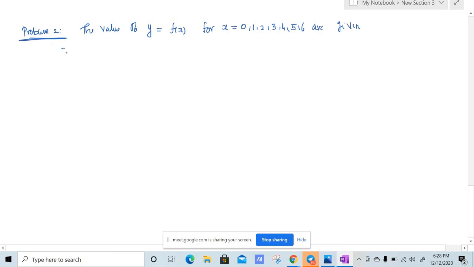So this is x, this is y. So 0, 1, 2, 3, 4, 5, 6, and y is 2, 4, 10, 16, 20, 24, 38. So find y of 3.2, right? We need to find the 3.2 value using the forward interpolation formula.